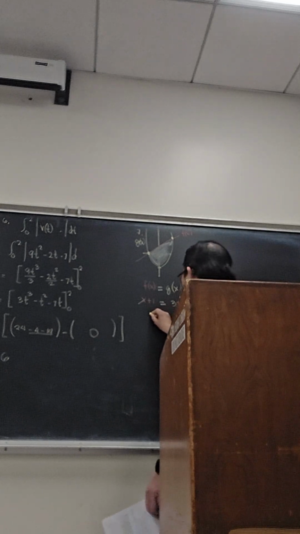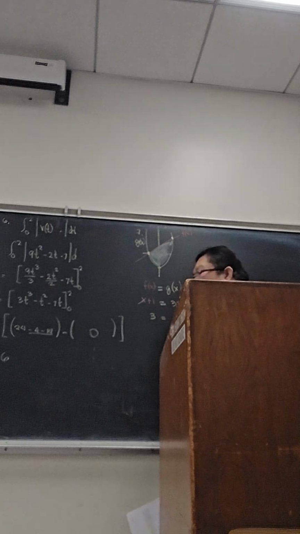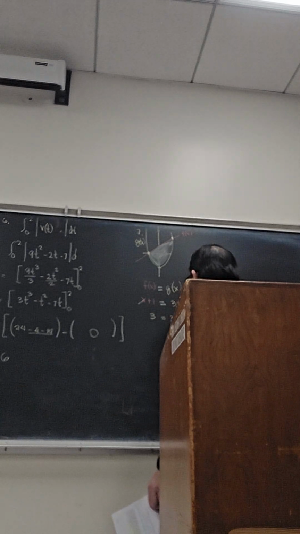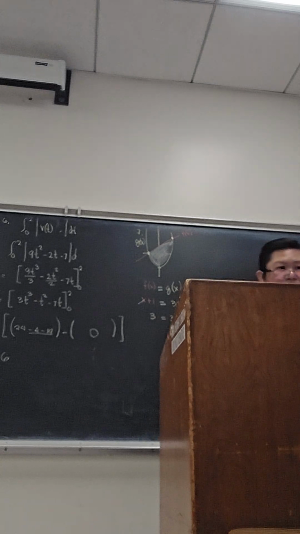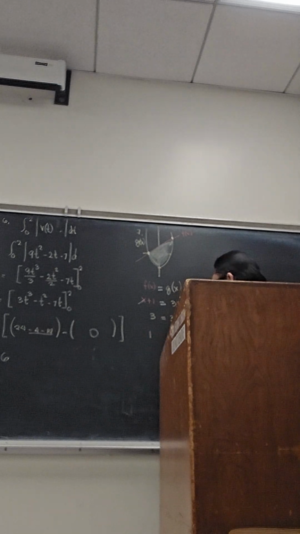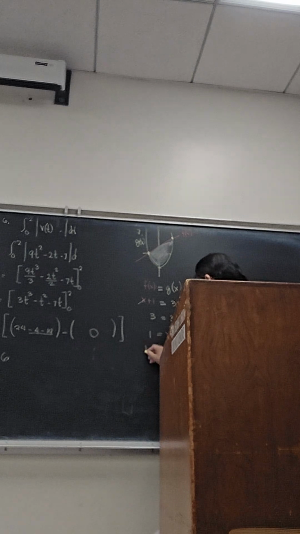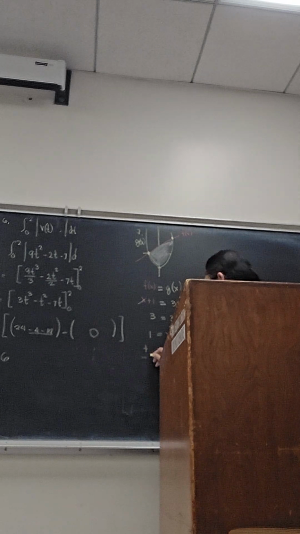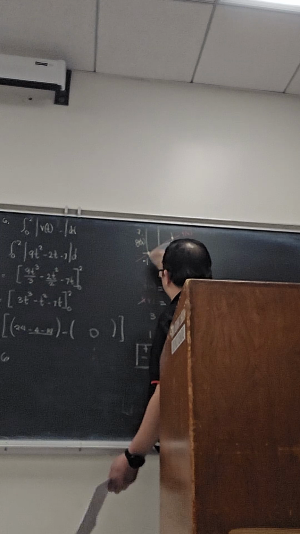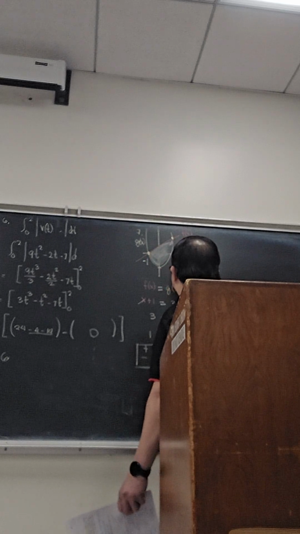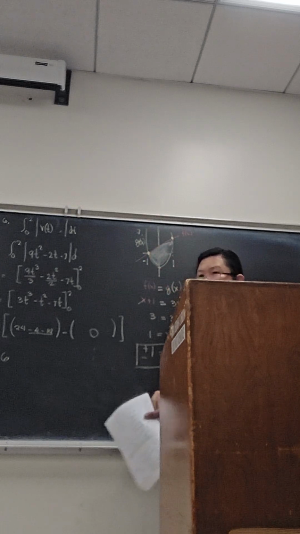So the left side now is 3, and the right side is 3x squared. And what do we do? Are we dividing both sides by 3? If we divide both sides by 3, what happens right here? x squared equals 1, and then we take the square root, right? Plus or minus 1. So therefore, our limit is plus and minus 1. Which means this is negative 1, and this is positive 1. That's our limit. Clear?